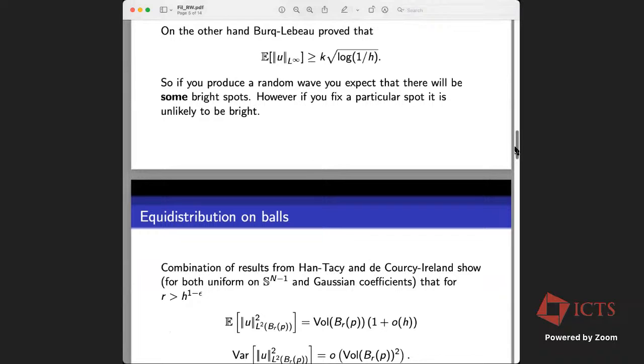Now, we dug a bit deeper into this and started to look at equidistribution on balls. So these are results from me and a combination of other people. And what we're looking at here are small balls. So we're thinking about a ball of radius r about p, where the radius of the ball is going to 0 as the frequency gets larger and larger.